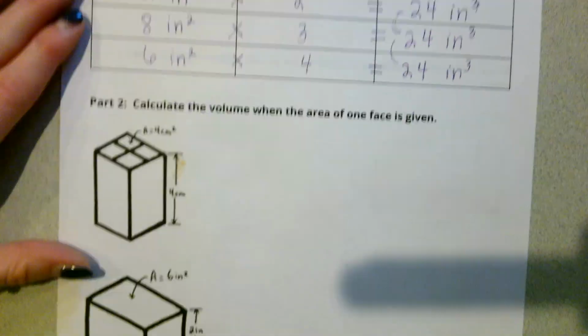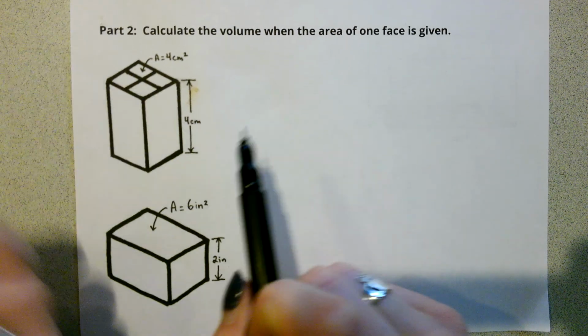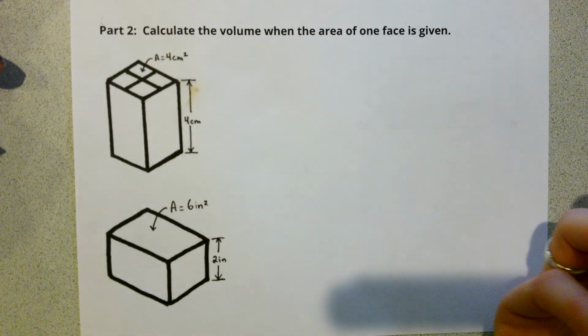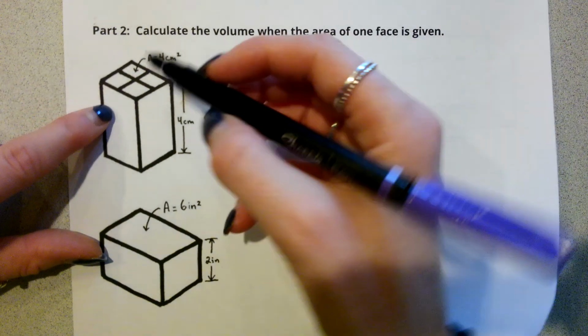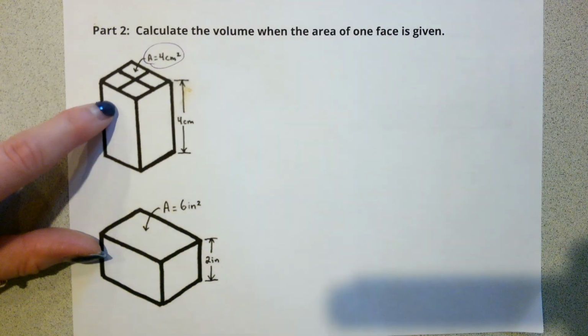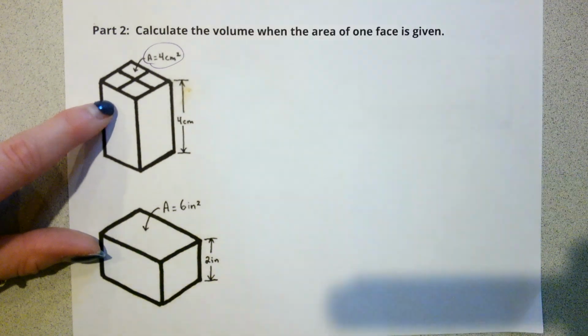Part 2 says, let's calculate the volume when the area of a face is given. Now, we don't even have to calculate the area of a face because they just give it to us. So in this top one, they say that the area is 4 centimeters squared, and I know my height, how tall my figure is, is 4 centimeters.